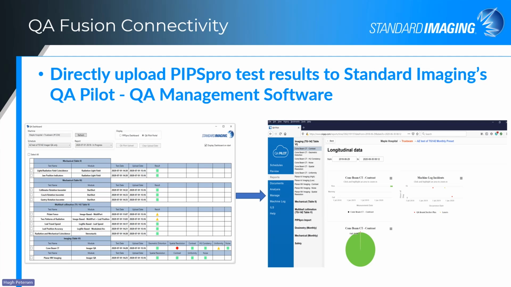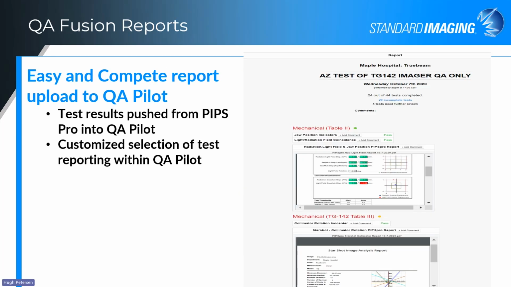And then you can also provide full reporting from QA Pilot as well, for your audits and your accreditations and needed results on reporting. So you have that functionality very easily as well.